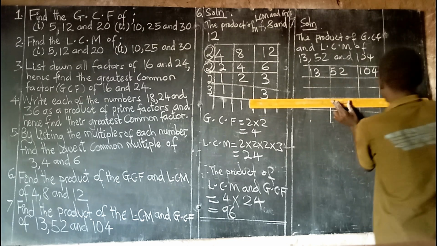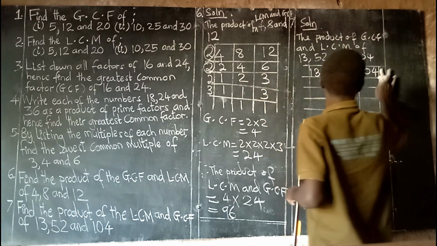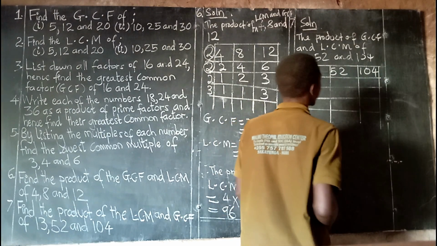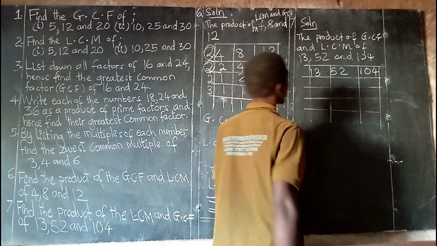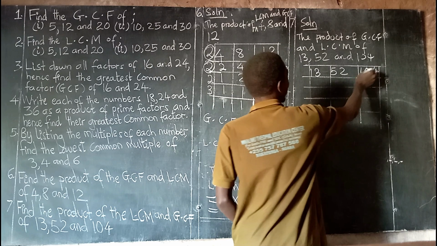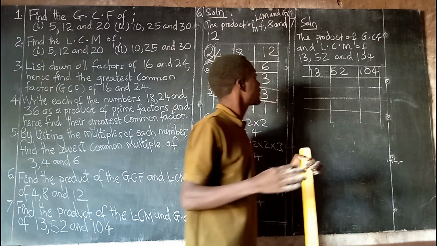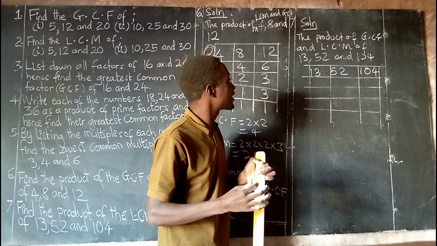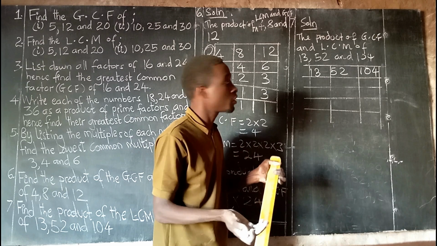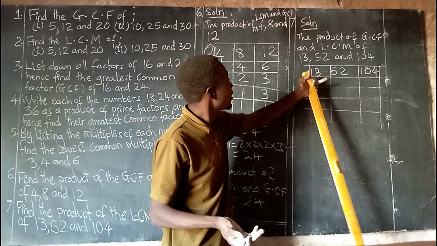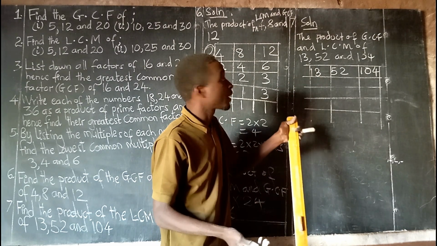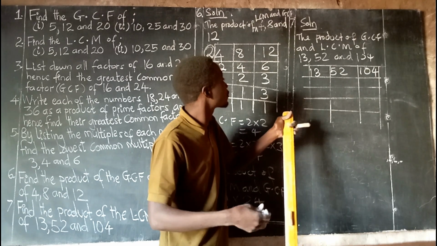Now, how do we do? Let us see. Just look across the 3 numbers. As I told you, you have to start by tracing the smallest prime factor, which is 2. Is there any which is divisible by 2? If there is none, we shift to 3. And if there is none which is divisible by 3, we shift to 5.